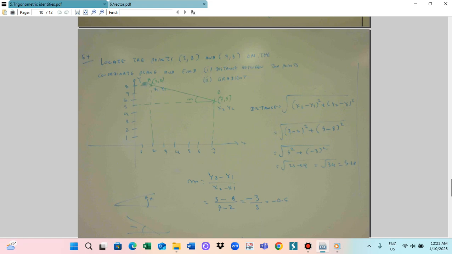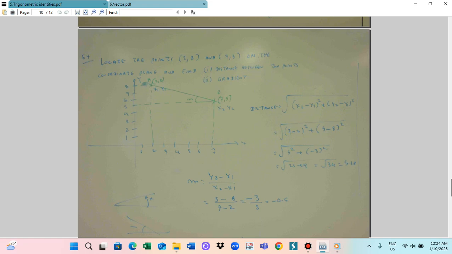So y2 is 5 minus y1 which is 8, divided by h2 which is 7 minus h1 which is 2. So you get minus 3 divided by 5, so minus 0.6.